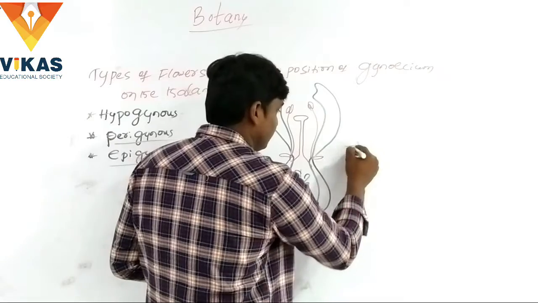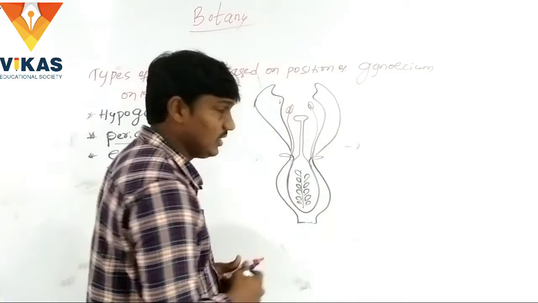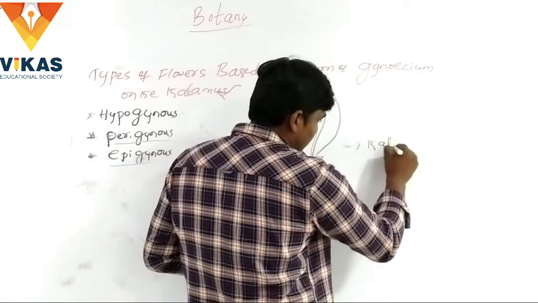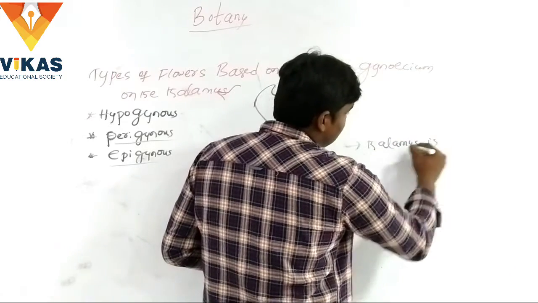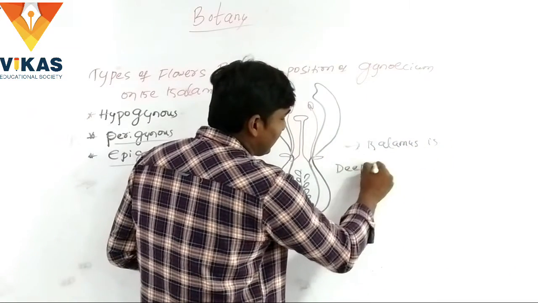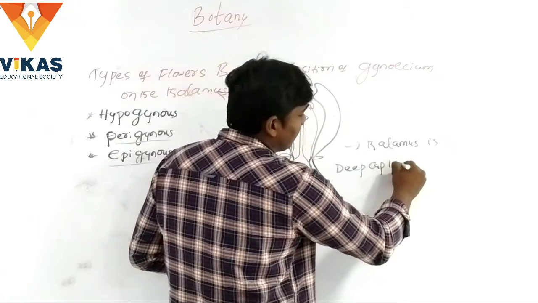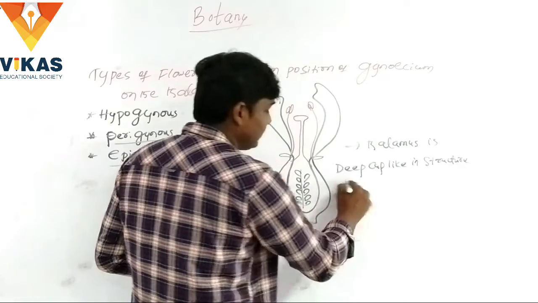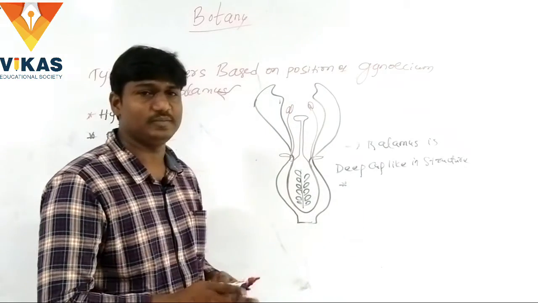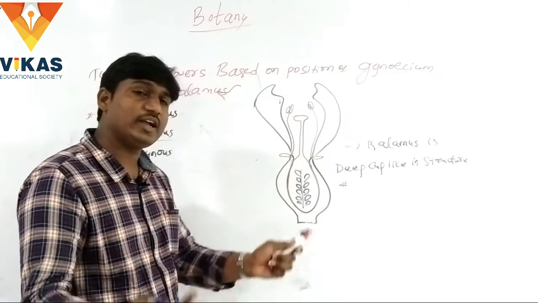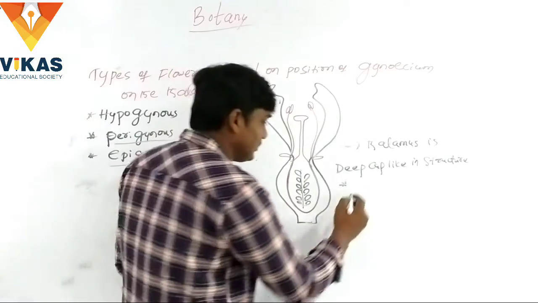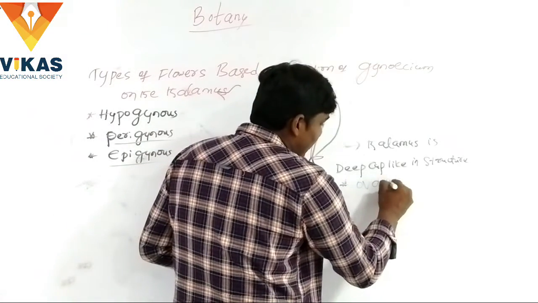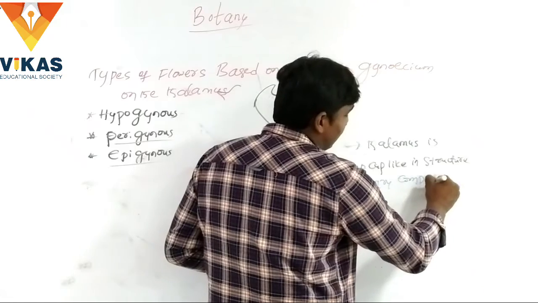Here the thalamus is deep and cup-like in structure, whereas the ovary is completely enclosed by the thalamus.